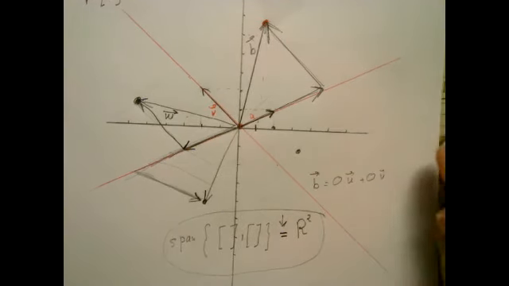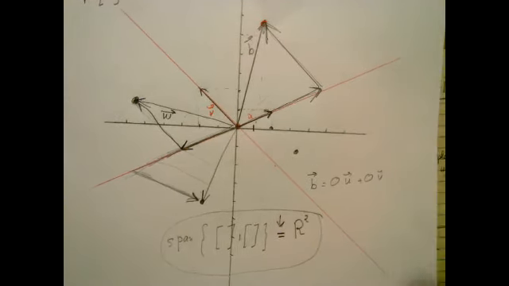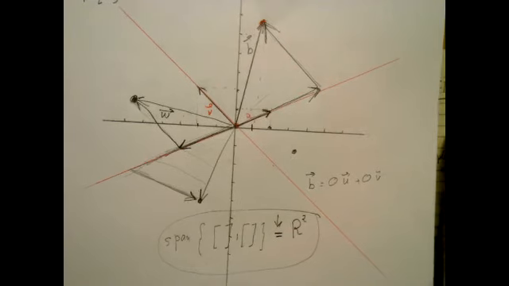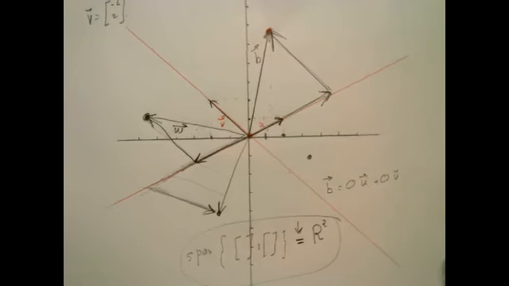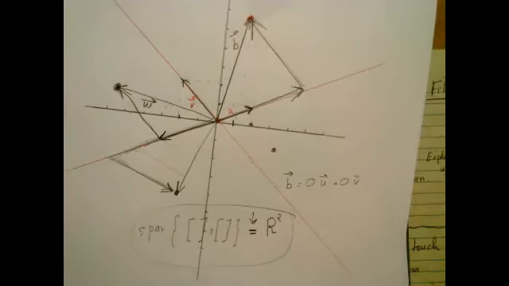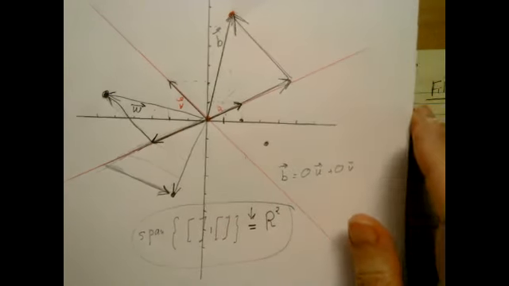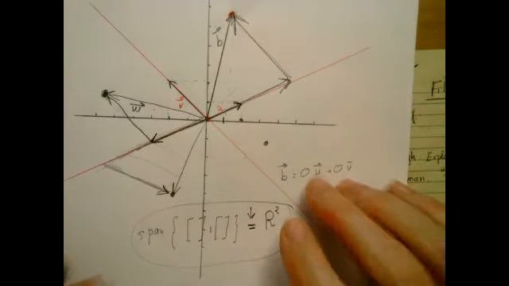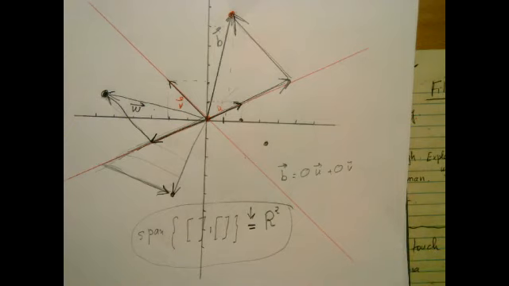Can you get every vector in Rn? Yes, we can, but we need at least n vectors that have specific properties to be able to get every vector in Rn. And that will be the subject of part of our course.